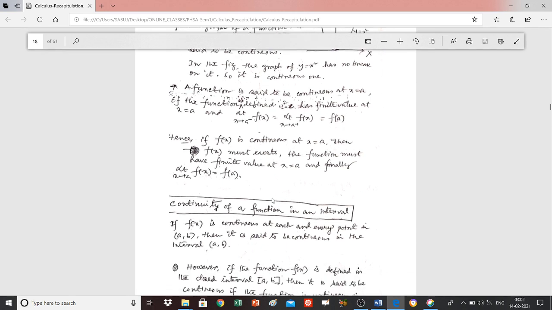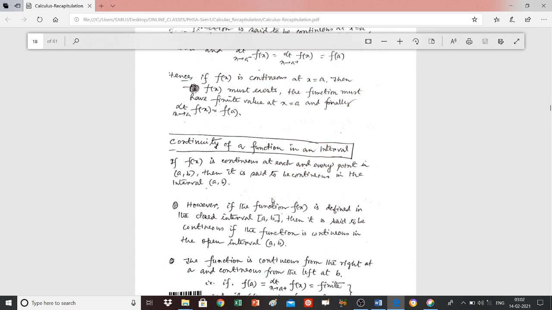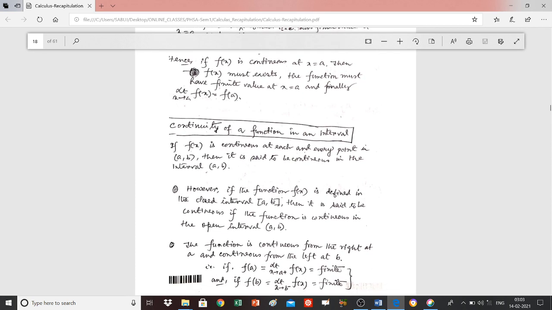Now come to the continuity of a function in an interval. If f(x) is a function such that it is continuous at every point in an open interval (a, b), then it is said to be continuous in the interval (a, b). If you are given a function f(x) and its open interval (a, b), then you have to test whether f(x) has finite left-hand limit and right-hand limit.